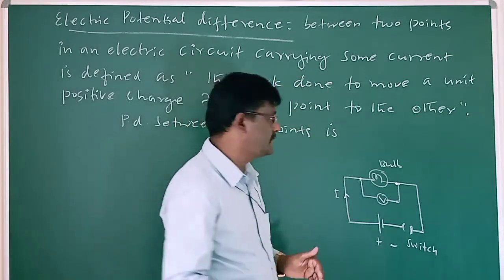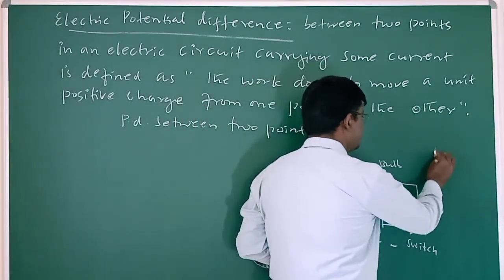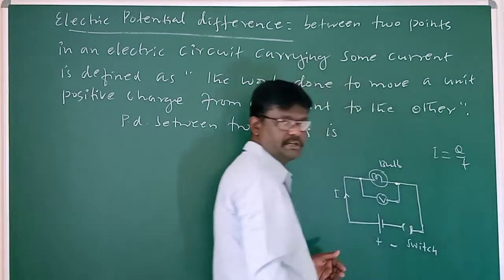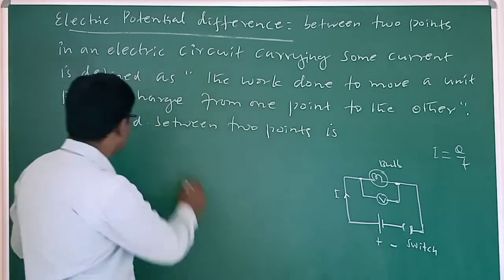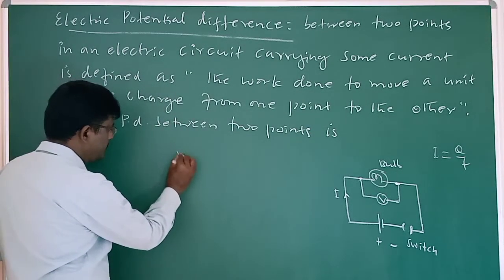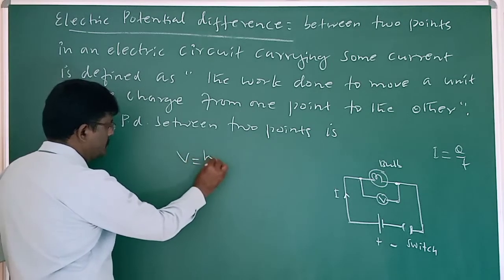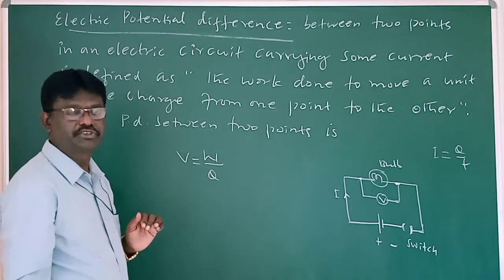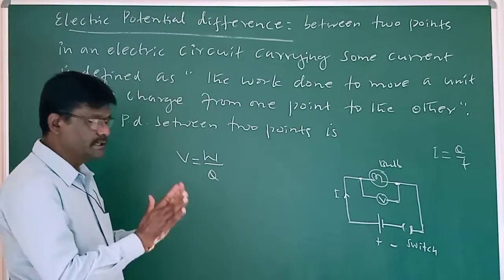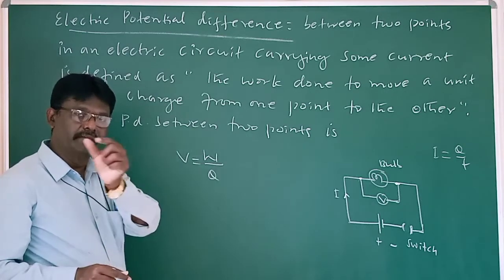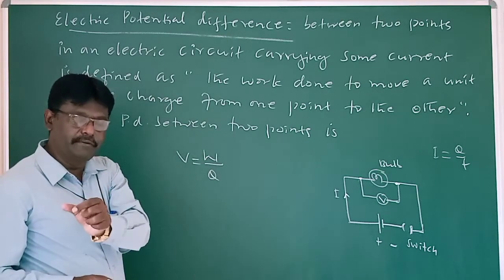What is current? Already we defined. Electric current is nothing but Q by T, children. So therefore again, potential difference between 2 points is given by V equal to W by Q. Electric potential and potential difference both are the same. When we define electric potential, we consider a point at infinity.